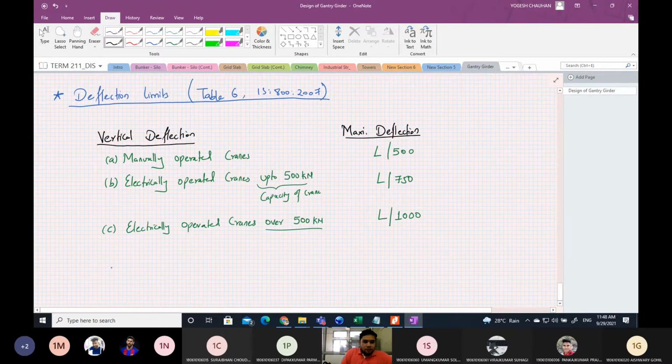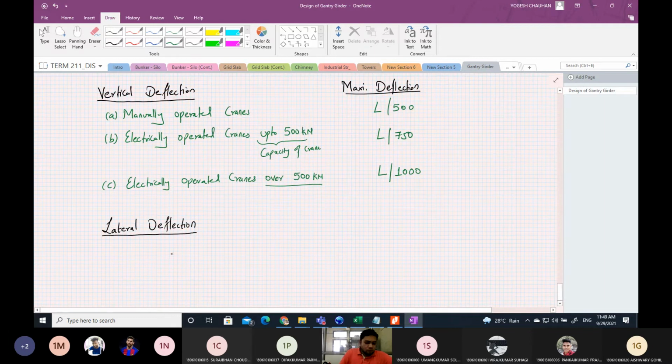And the lateral deflection, relative displacement between rails supporting, this relative displacement between the rails should be less than span by 400.